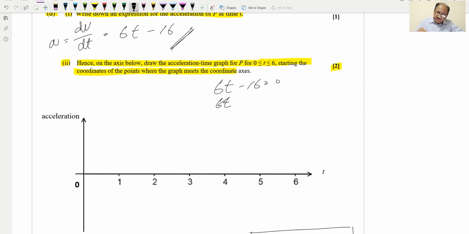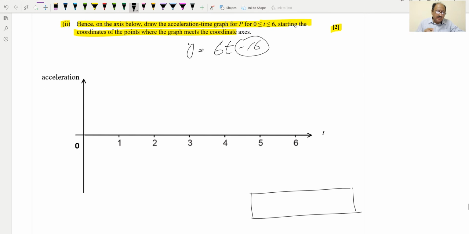So this will be the equation, and the y-intercept is minus 16. So this will be minus 16 over here, and this will be crossing at y equal to 0. We can write here 6t minus 16 will be equal to 0. So 6t is equal to 16.